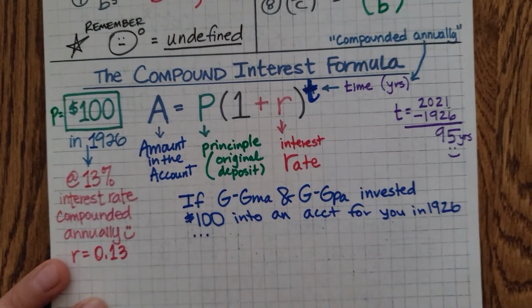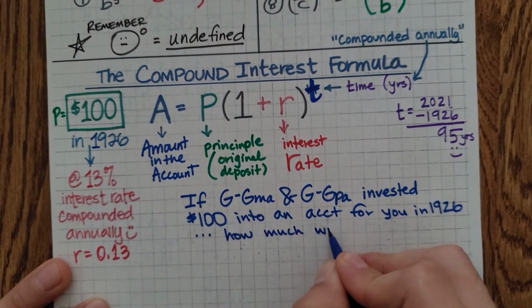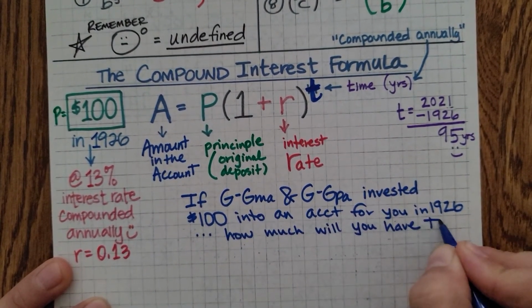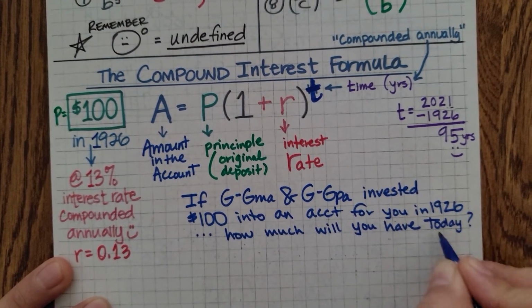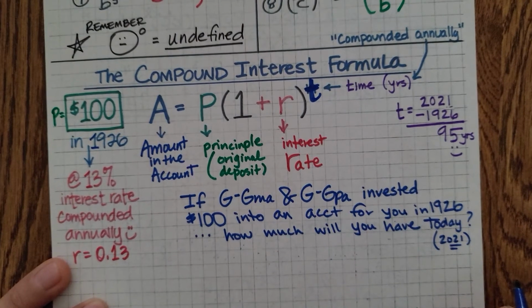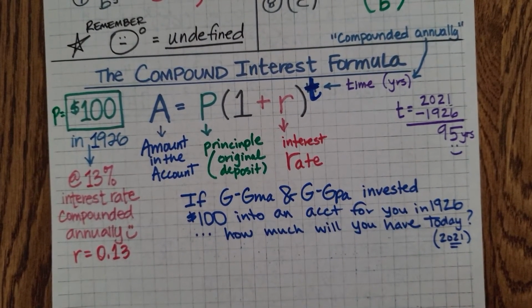You know the rest over here. How much will you have today? And by today, I mean the year 2021. If you were to go cash that money out right now, how much money would you have?